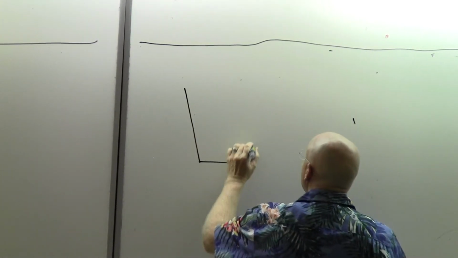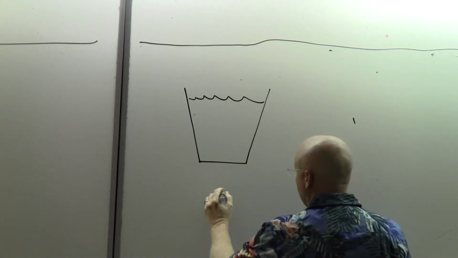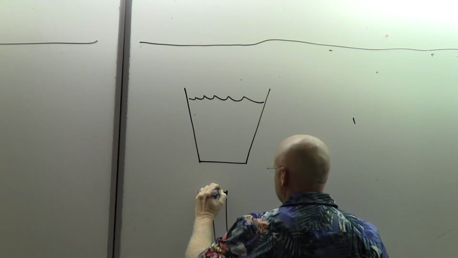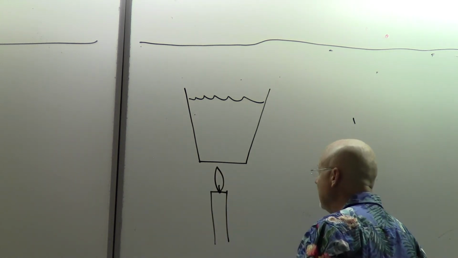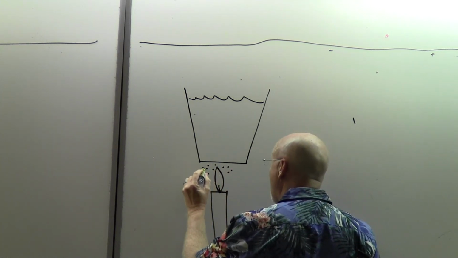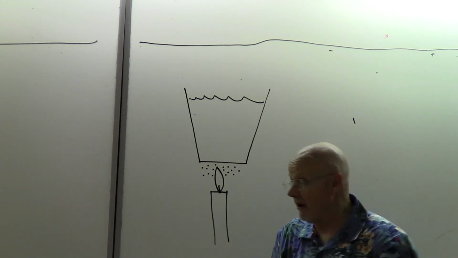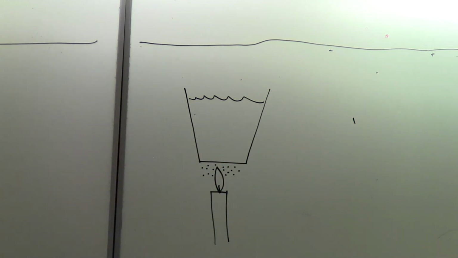Let me draw a picture here first. But if I take a cup filled with water and I put a flame underneath it, even if that flame has molecules that are so hot that they are 1,000 degrees Fahrenheit, and that's what I have right here.